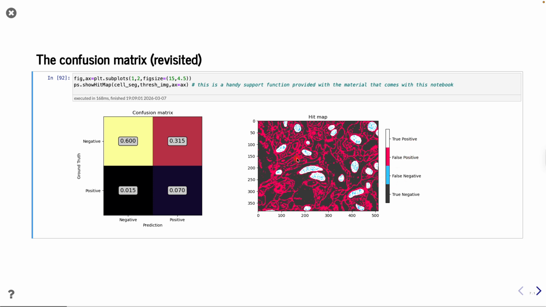It also gives you an idea where these misclassifications actually are. So you can see that the false negatives are mainly within the mitochondria, whereas the false positives are all outside of them. So that gives us also an idea where we should put our effort and what kind of structures we should target to reduce.